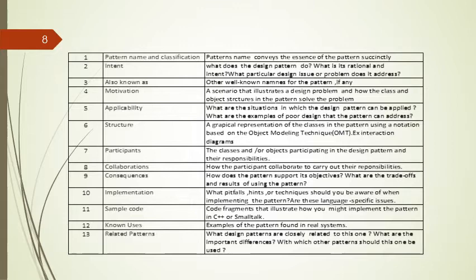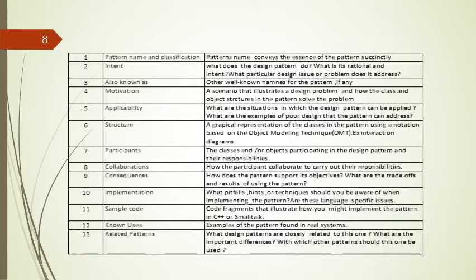Then the structure, the sixth point, a graphical representation of the classes in the pattern using a notation based on the object modeling technique, that is OMT. Then participants, the classes and/or objects participating in the design pattern and their responsibilities. The eighth point is the collaboration, how the participants collaborate to carry out their responsibilities.